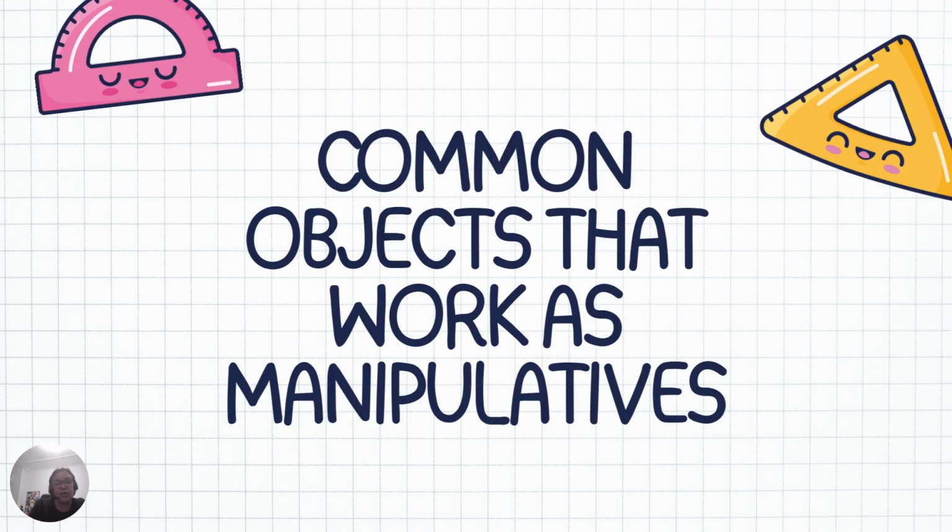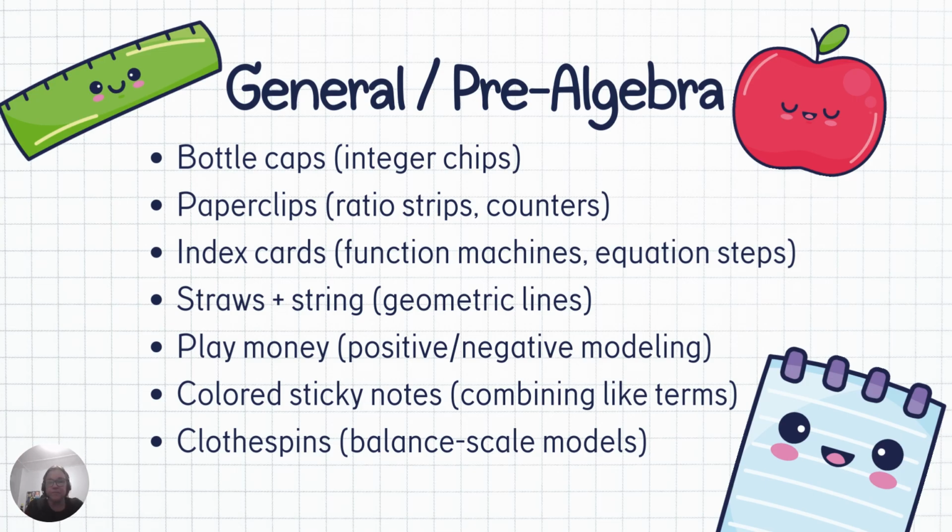Common objects that work as manipulatives. For general or pre-algebra, many manipulatives do not need to be purchased. Common classroom items work perfectly. Bottle caps make great integer chips, and paper clips can act as ratio strips or counters. Index cards are useful for function machines or step-by-step equation modeling.